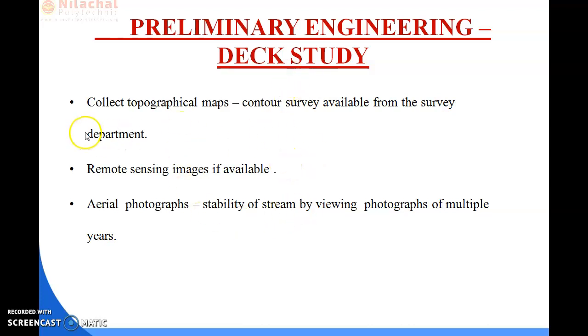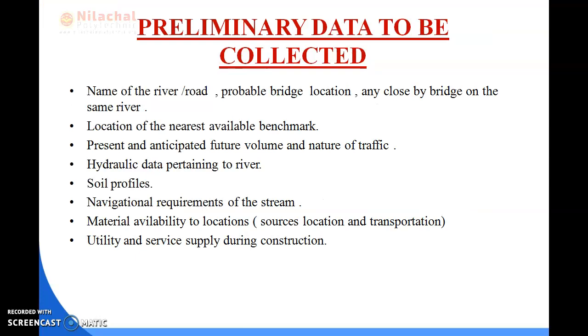And for the desk study, first of all we collect a topographic map, that is your contour survey available from the survey department, remote sensing images if available, and aerial photographs, to judge the stability of the stream by viewing photographs of multiple years. Okay, so this is the brief description.